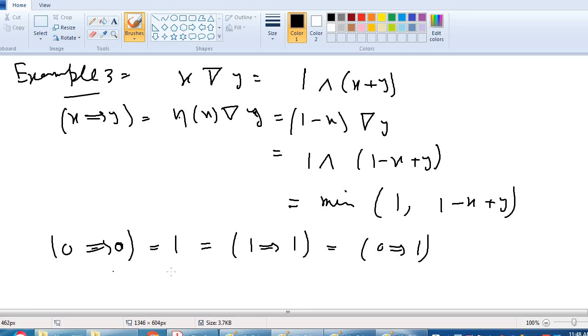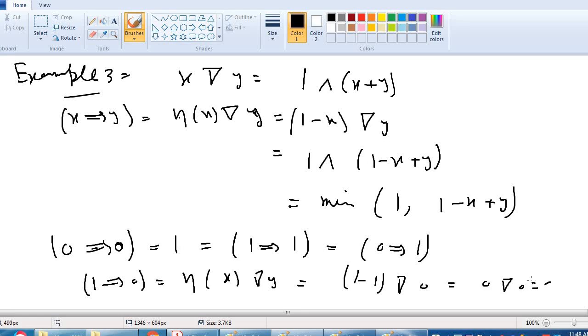If we apply 1 implication to 0, then it will be eta of x nabla y, so we get 1 minus 1 nabla 0, that is 0 nabla 0, and the answer will be 0. Similarly, we can solve the others, and these all will be 1.